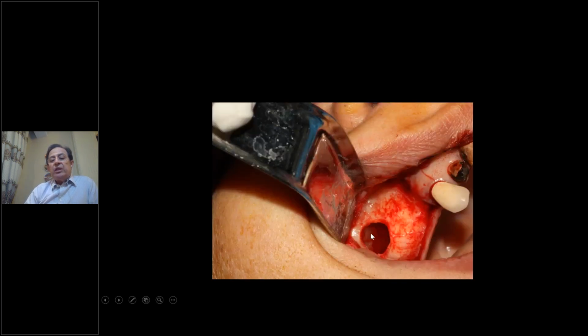After the elevation, when the patient breathes, the membrane moves up and down. Movement of the membrane is a good sign that we can lift the membrane without any perforation, but we cannot depend on it absolutely, though it is a good sign.